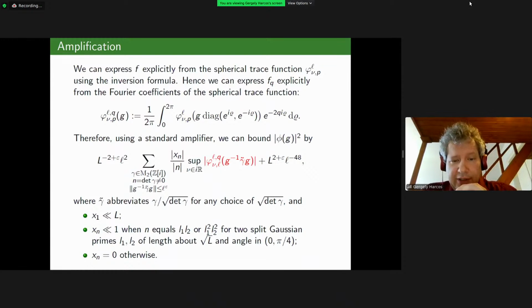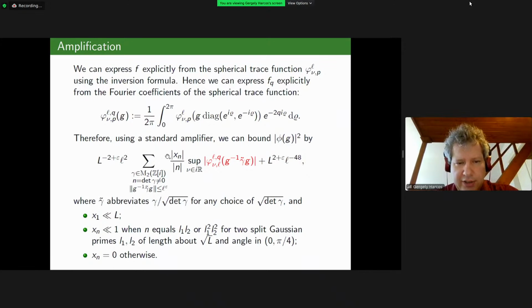Namely, by using a standard amplifier, we can finally bound our cusp form squared at G by such an expression, where by amplification now gamma doesn't run through SL2Z, but all sorts of 2x2 matrices with Gaussian entries. And for such a gamma, we can scale down gamma to gamma tilde so that it lies in SL2C.